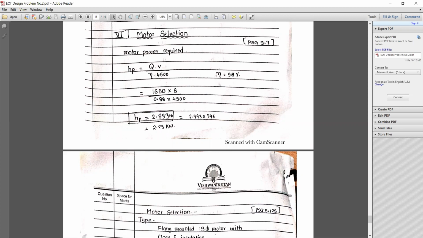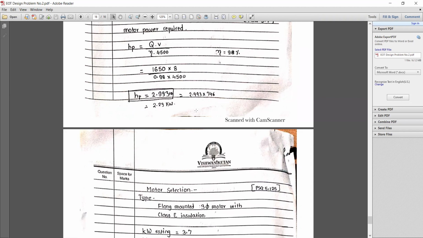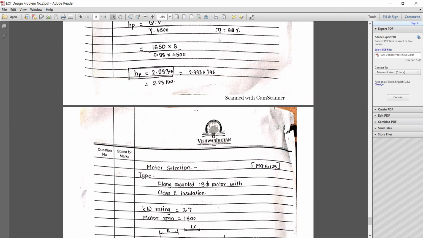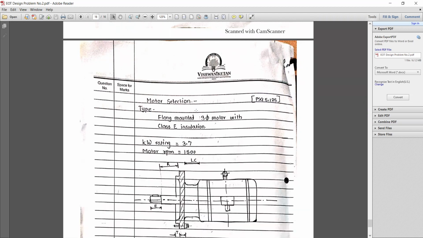As it is mechanical, we consider the efficiency as 98%. Q we know is 1650 kgf, multiplied by velocity 8 meter per second, and with the efficiency, putting all the values, we get 2.99 HP. Multiplied by 746, we get 2.23 kilowatt.